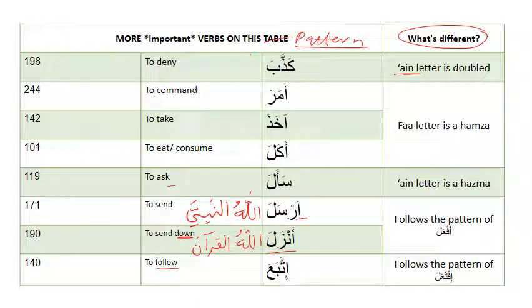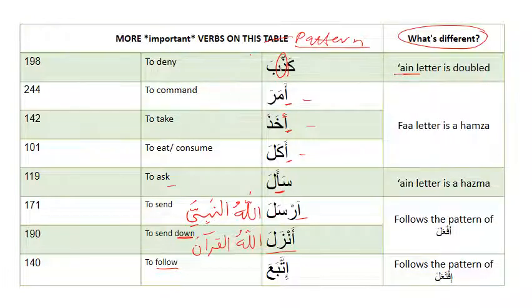You just have to double the ayn letter. In amara, akhadha, and akala, the fa letter, the first letter, is a hamza. Sometimes it could have a slightly different ruling, but for now it stays the same. In sa'ala, the ayn letter is a hamza.